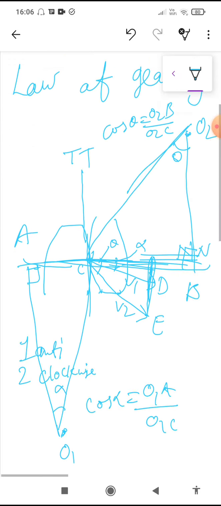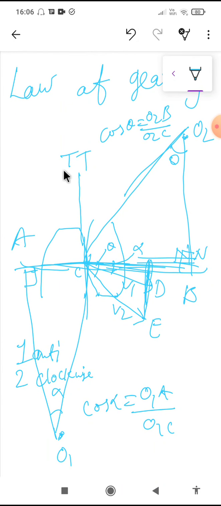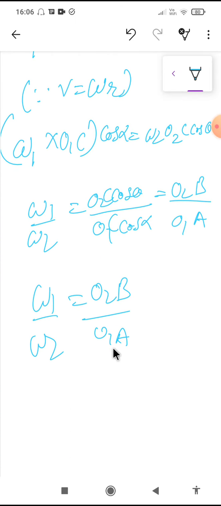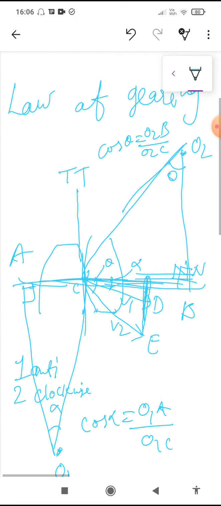Now we'll consider the two similar triangles. These two triangles are very similar, and these two are right angle triangles. So the ratio O2B by O1A, we can write this as very similar to new triangles which we can form by connecting O1 and O2.